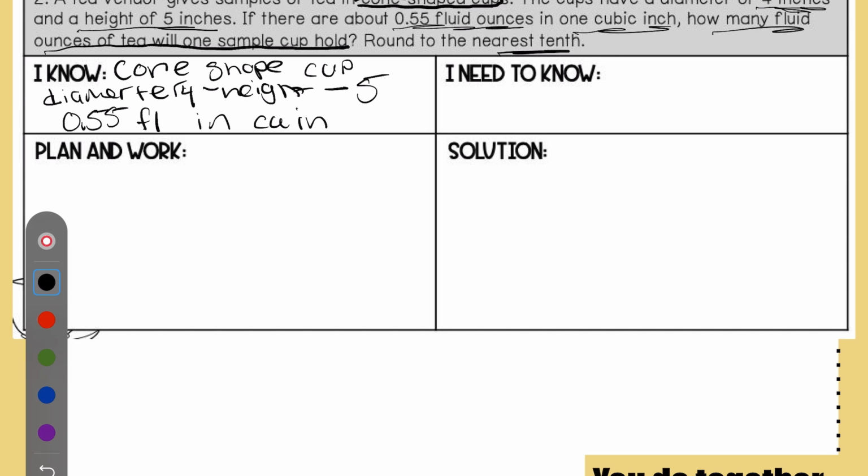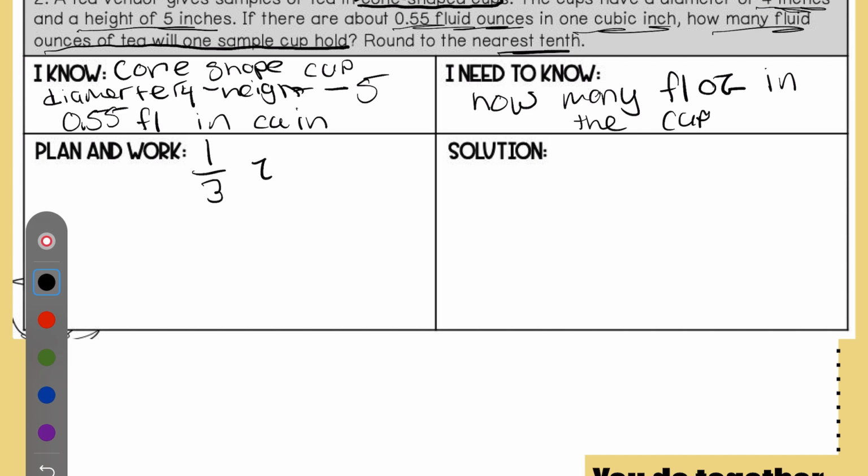So we actually have to do something else after we find the volume here. We need to know how many fluid ounces are in the cup.